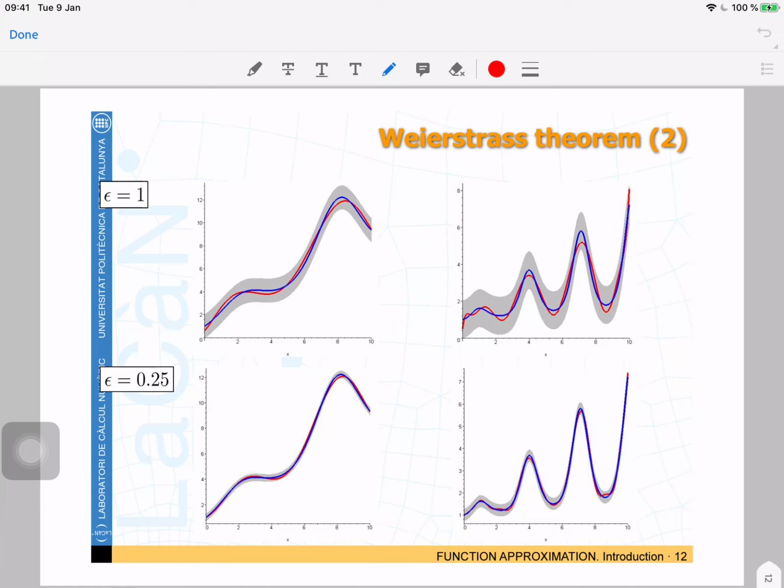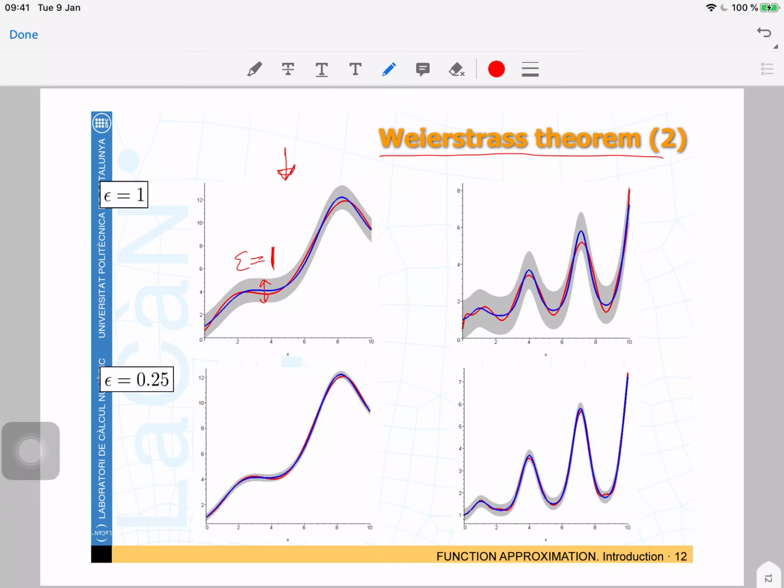This is a graphical representation of the Weierstrass theorem. In the first graph, you see a polynomial approximation of the blue curve. The red curve is the polynomial approximation. And in this case, you see that the approximation is not good. The difference between the approximation and function is always less than epsilon 1, which is a relatively large number.